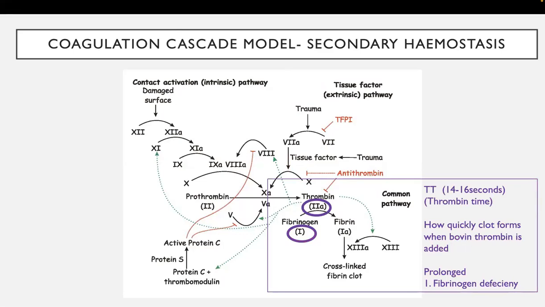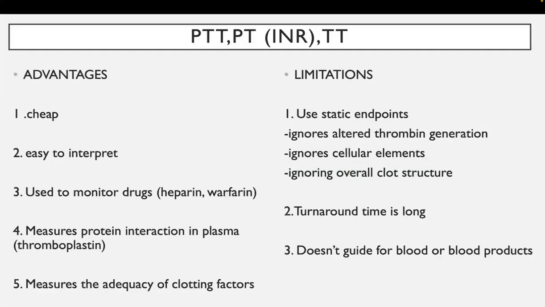If it's prolonged, it will mean that you have a fibrinogen deficiency. Okay, so the advantage of these tests is that they're cheap and really easy to interpret. You can use them to monitor drugs, like you guys have rightfully said. They measure the adequacy of clotting factors.